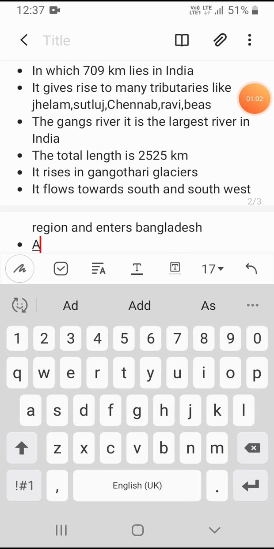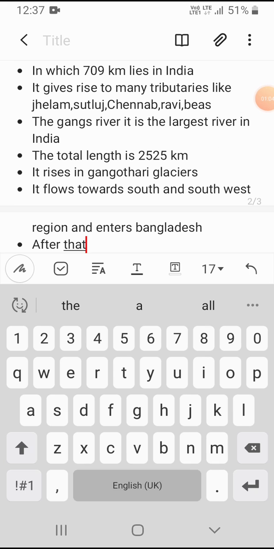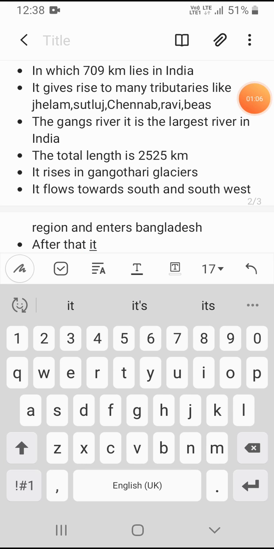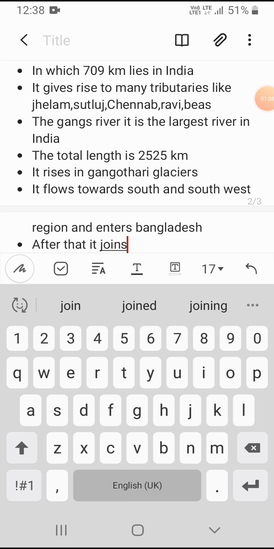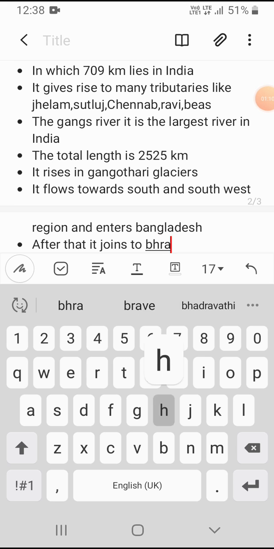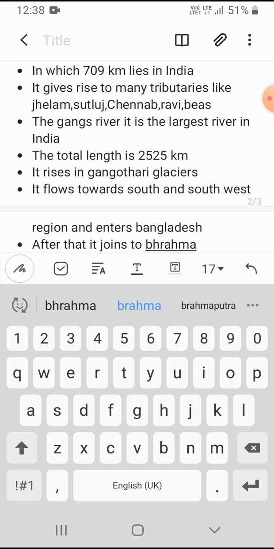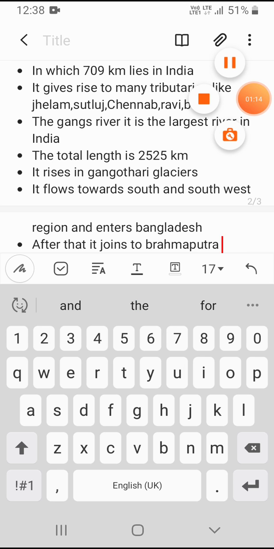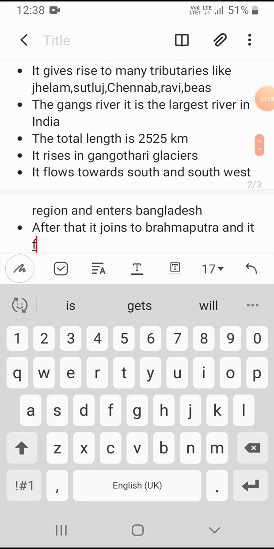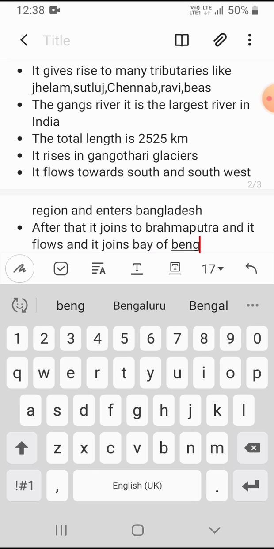After that it joins the Brahmaputra, and it joins the Bay of Bengal.